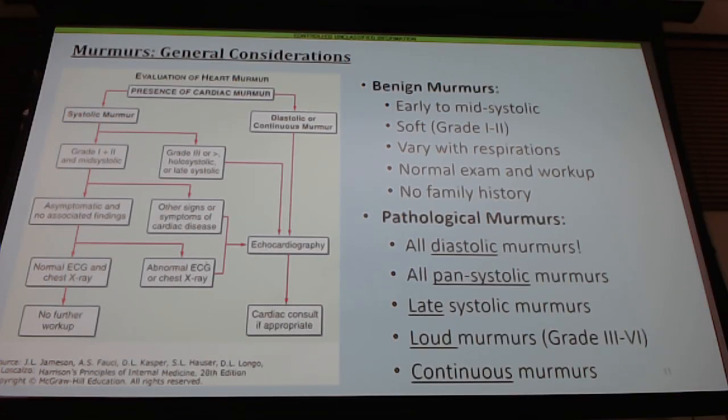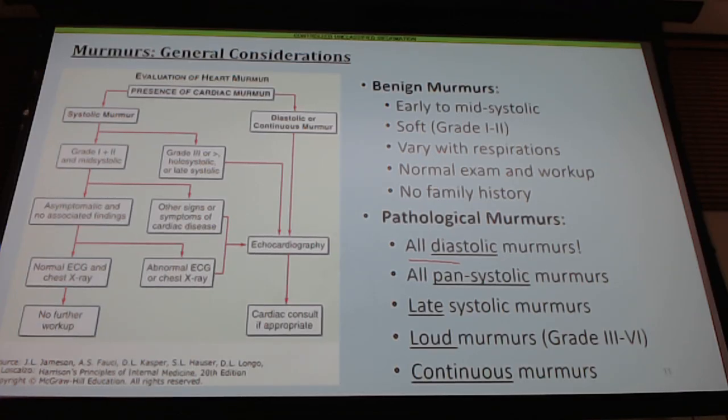So algorithms, great, kind of summarized it. If you have a diastolic murmur, that is automatically pathologic. Okay. If you have a continuous murmur, so it goes through both systole and diastole, that is a pathologic murmur.